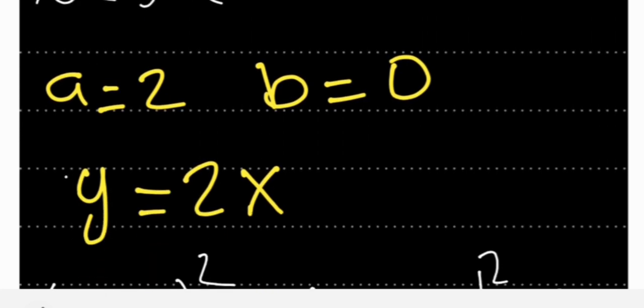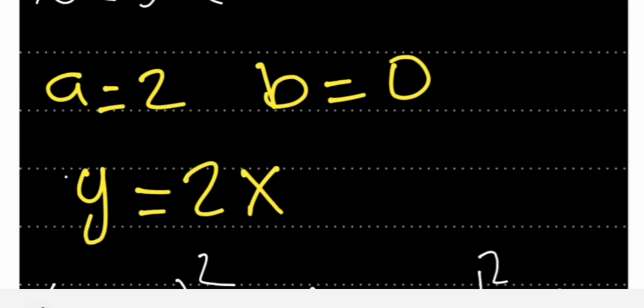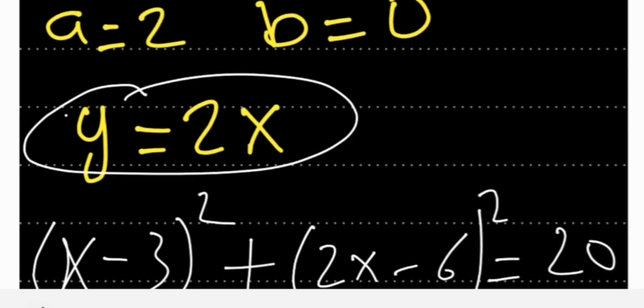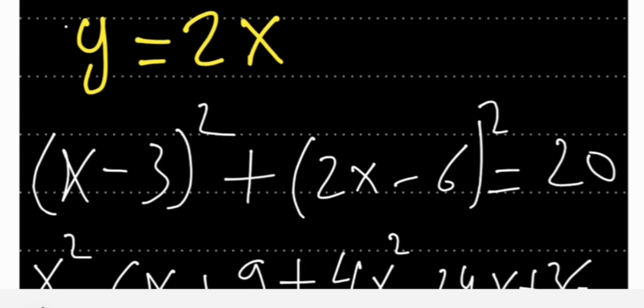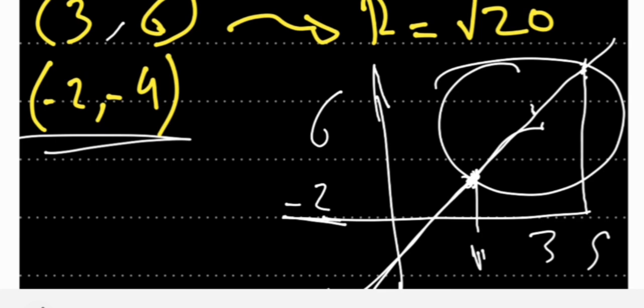So for every y, this is the 2x, and then we put the value of this 2x in the circumference. Why? Because this y is part of the line and we want to find when it is part of the circumference. It is part of the circumference 2 times, and these are the values.